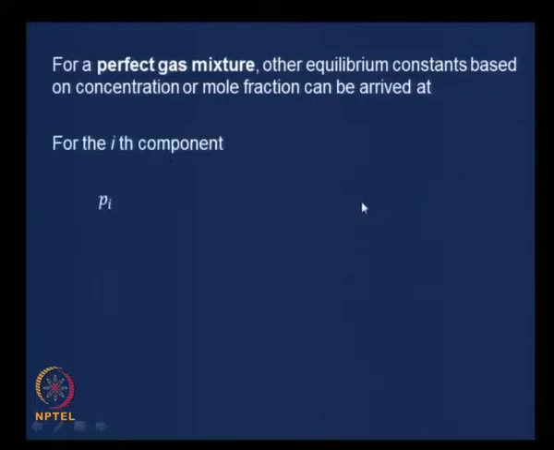For the ith component, the partial pressure can be written as Ni by V RT. This is from the ideal gas equation, for a mixture of ideal gases. So, Ni by V RT is the partial pressure, where Ni by V is nothing but the definition of the molar concentration.